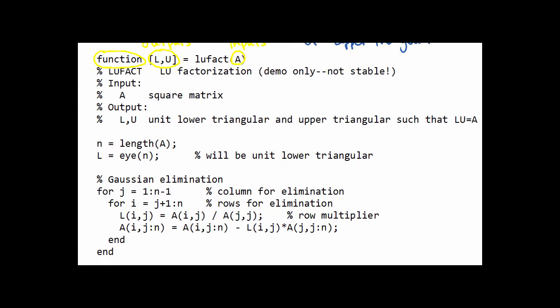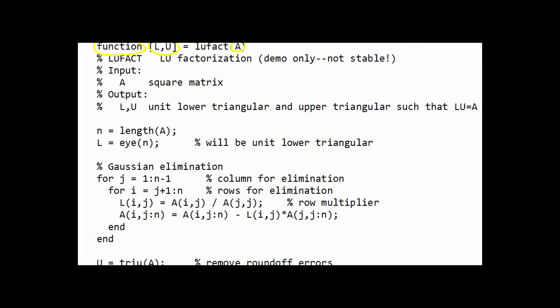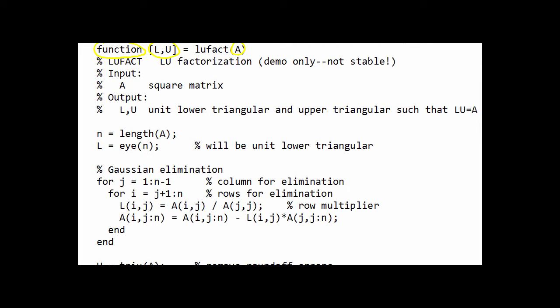It's a nice idea when you write functions to give a quick description of what it does and what the inputs and outputs mean. Always good for reminding yourself later. Okay, and here's the algorithm. So again, with the matrix A, we're going to assume that it was square when it was passed to us. A better program would check that for us, but to keep things short, we don't do those kinds of checks in this course for the most part.